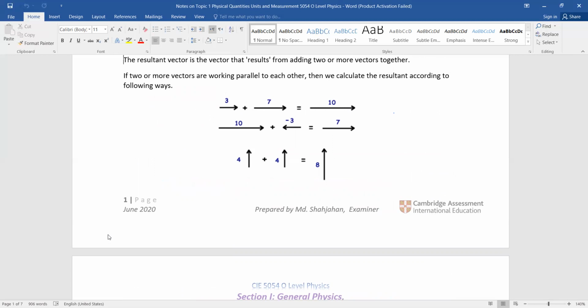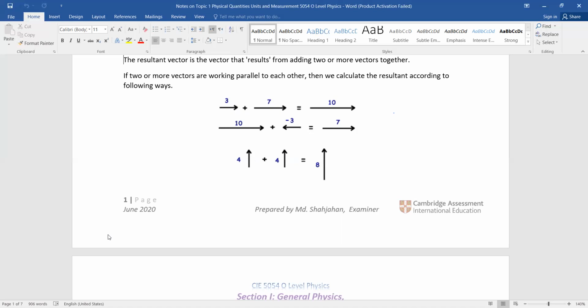And then the next one, 10 minus 3. Why minus 3? Because it's working in the opposite direction, left. So it's minus 3. Then the resultant comes 7. And the last one, you see, two vectors are working upwards. Then we are getting 4 plus 4, 8.